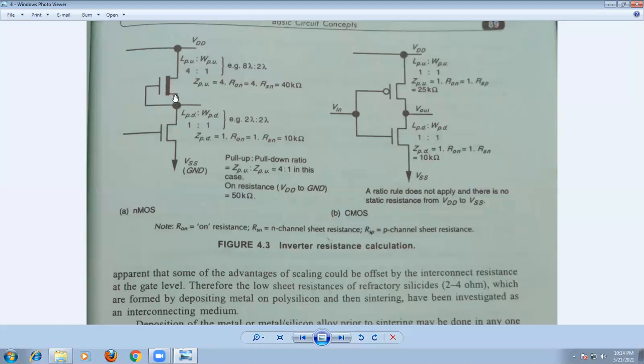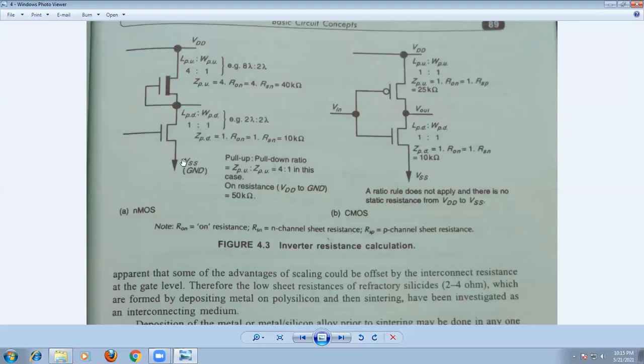It is the pull up transistor, a depletion mode transistor, which is a special case. In this case we have a length to width ratio where the length of the transistor is very high compared to the width. So totally the Z pull up to Z pull down ratio is 4:1 in this case. And how do we calculate the on resistance of the device?